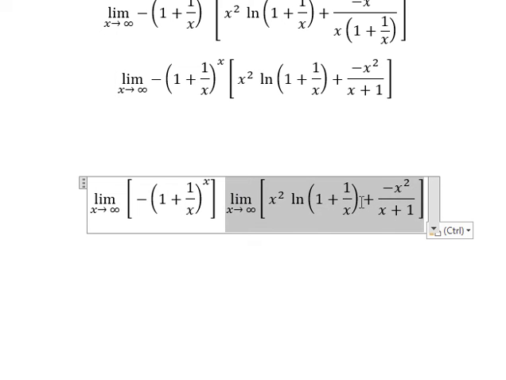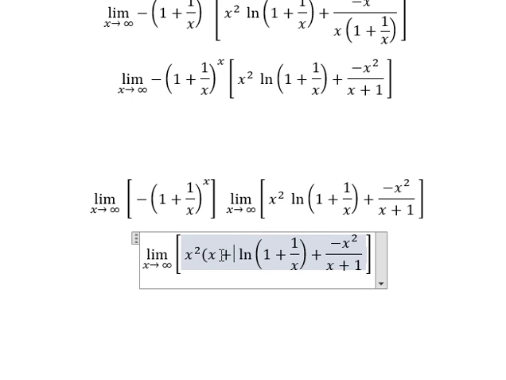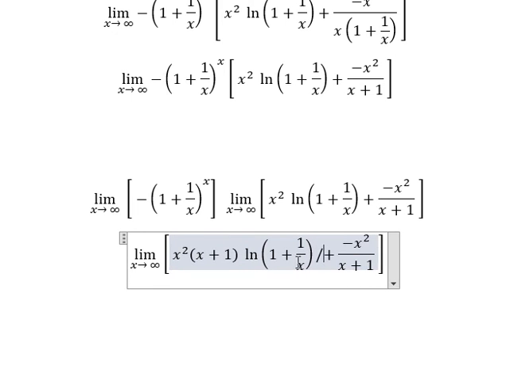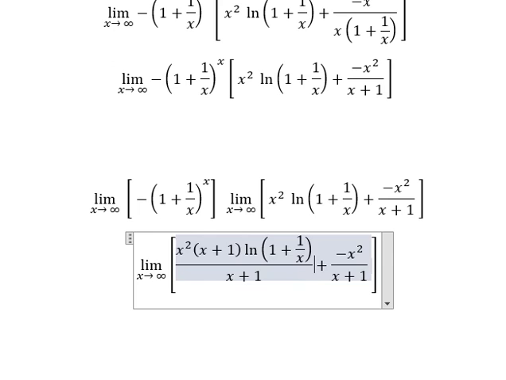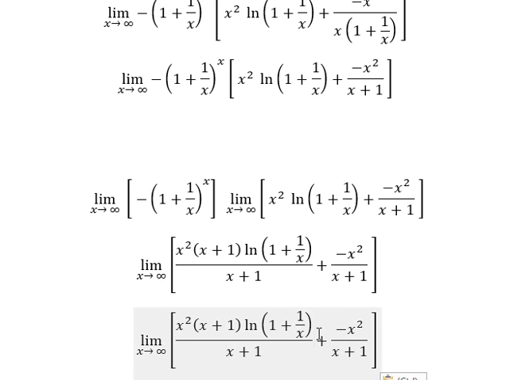Now we need to focus on this one. We need to do common denominator. We put negative s squared in here.